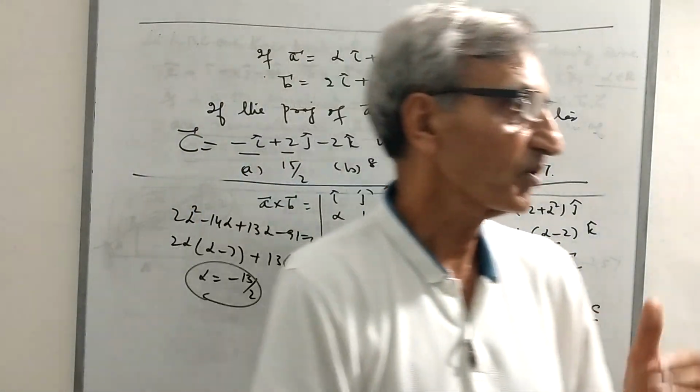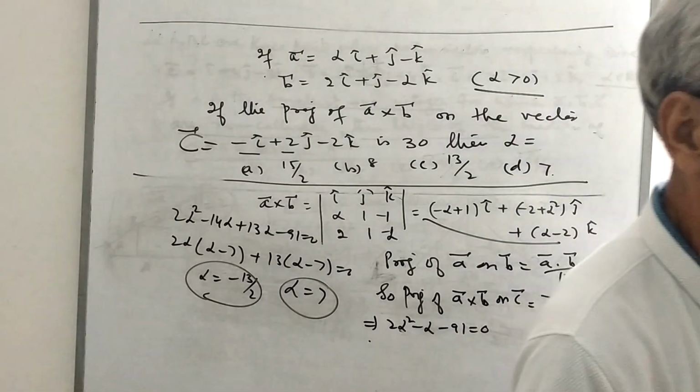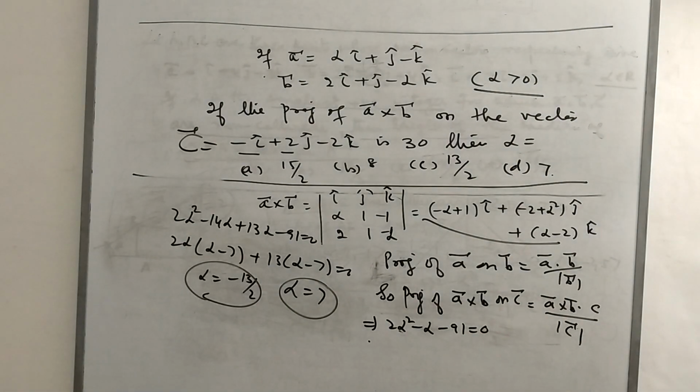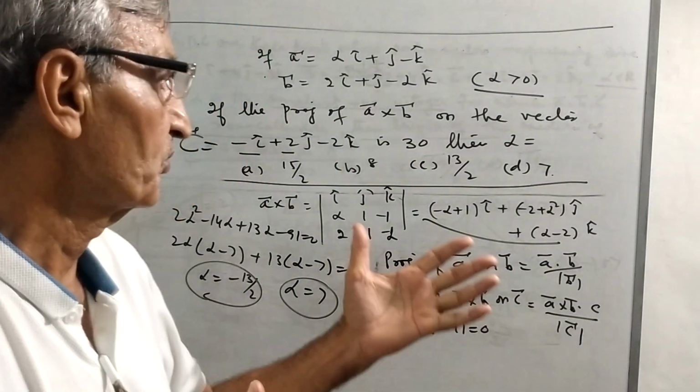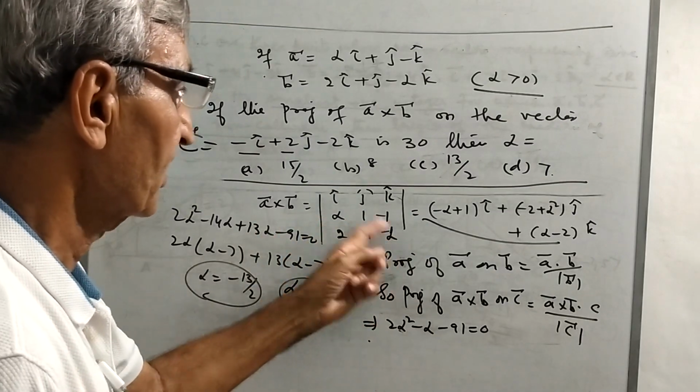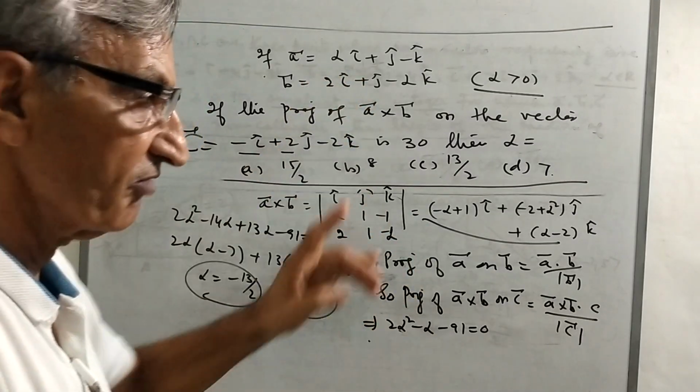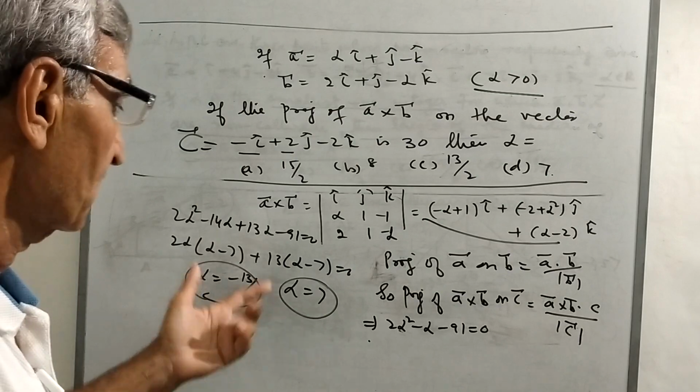Remember, the projection of a vector on another vector is their dot product divided by the magnitude of the vector on which it is projected. I hope you will understand how we got A cross B dot C divided by magnitude, and this is the most simplified question. Alpha is positive, therefore the negative has to be discarded.